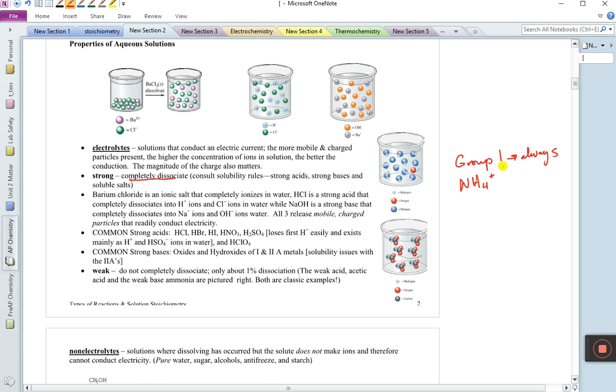NH4, always soluble. And nitrates. These are always going to be strong electrolytes. These things will dissociate completely.